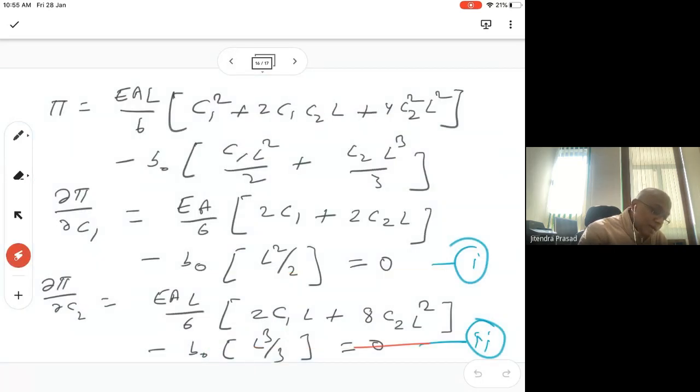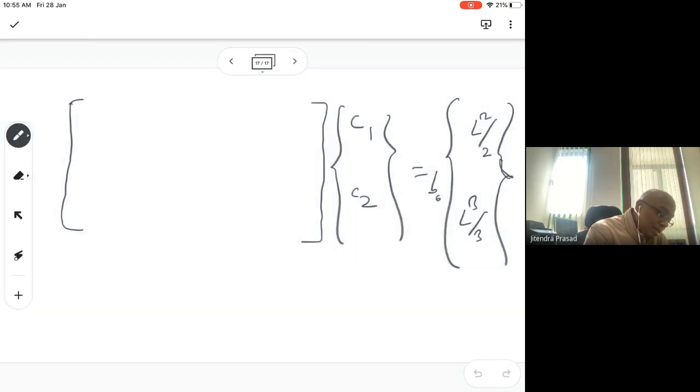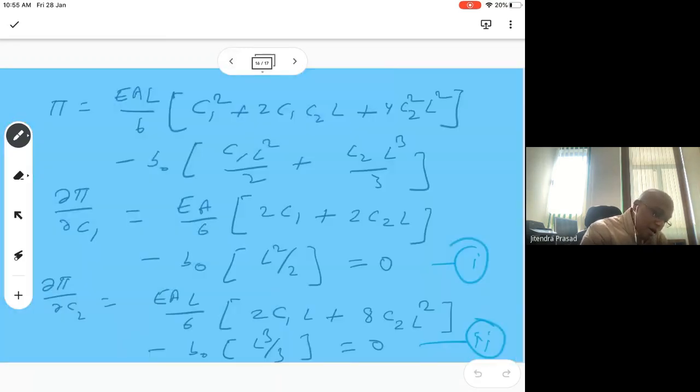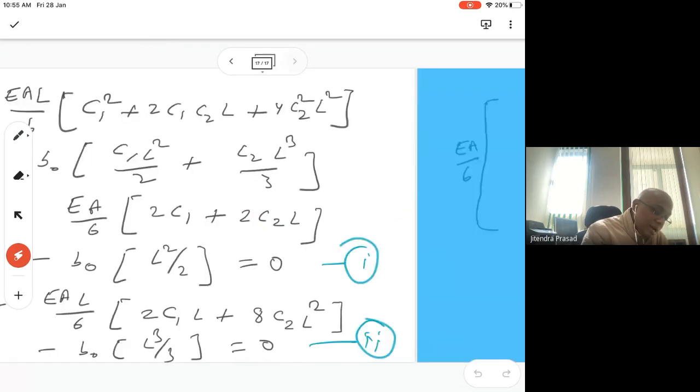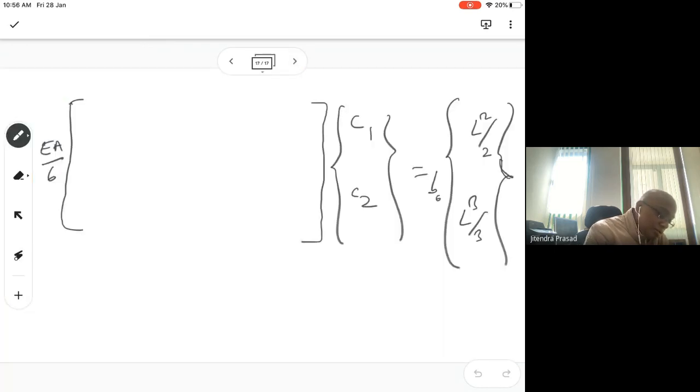Now here E over 6 is common, so we can write EA over 6. Done. Now we have C1 and C2. So we have 2 and 2L.